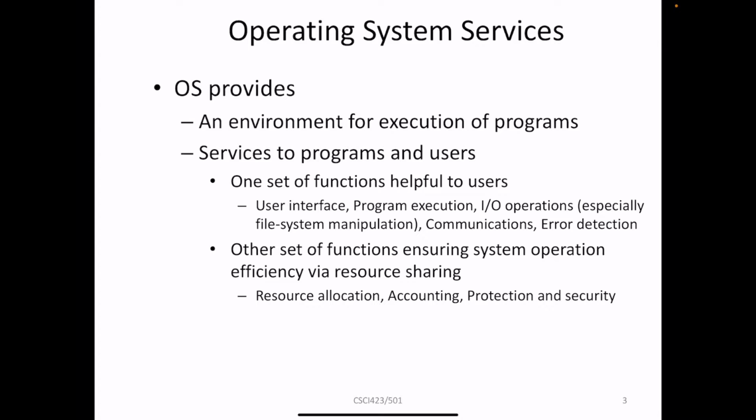One set of functions is helpful for users. These functions help users use the computer, programs, and operating system very easily and conveniently. The other set of functions ensures the system operates efficiently and uses the system resources in an efficient and fair way.